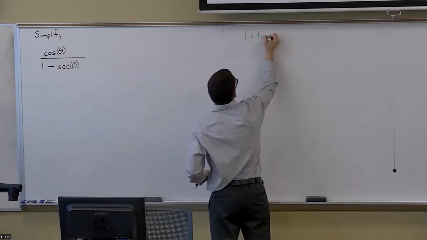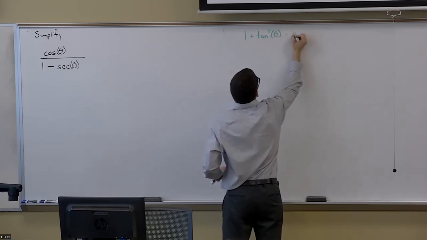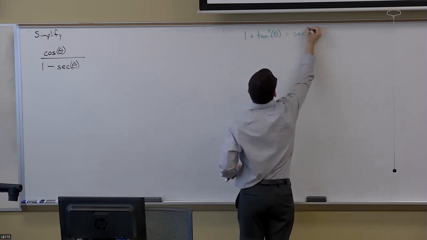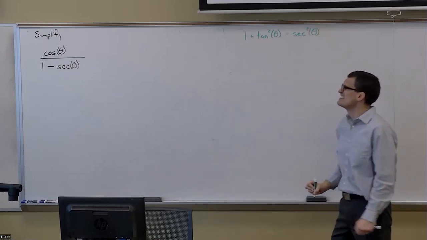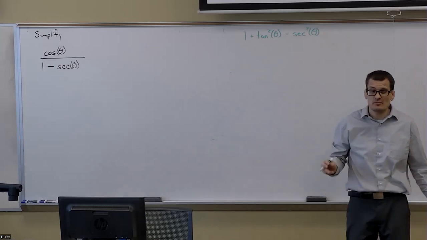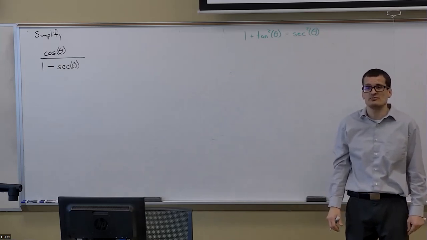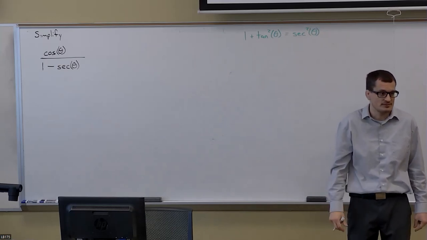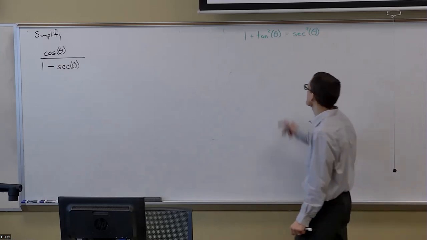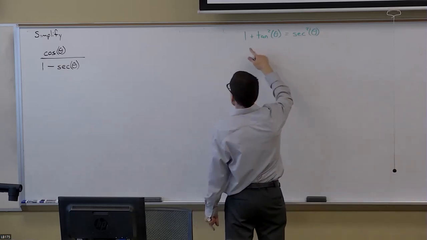Off to the side, I remember that there's some relationship between secant squared and tangent, which is my Pythagorean identity with secants and tangents. I have 1 minus secant squared, so that's what I'll do.